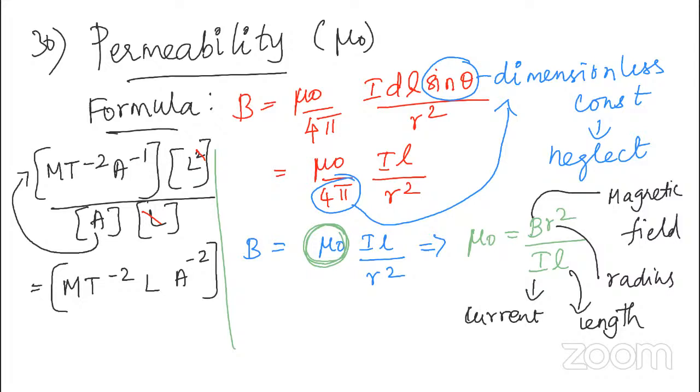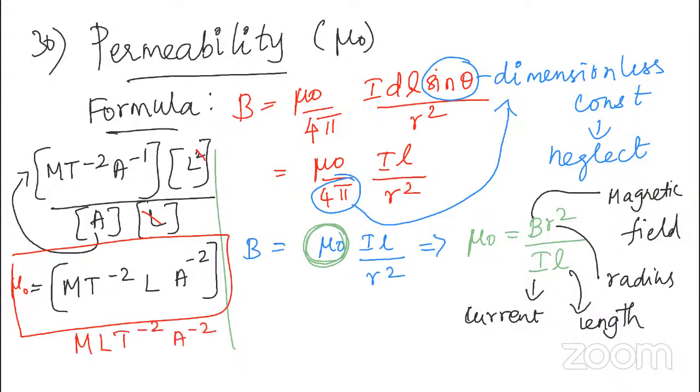So the formula for permeability, that is mu naught, should be equal to M T power minus 2 L into A power minus 2. So simply M L T power minus 2 into A power minus 2.